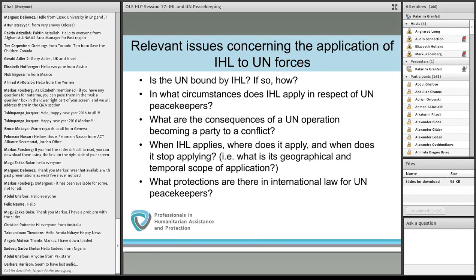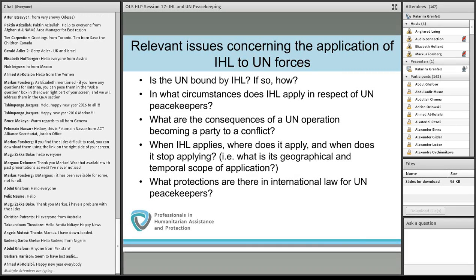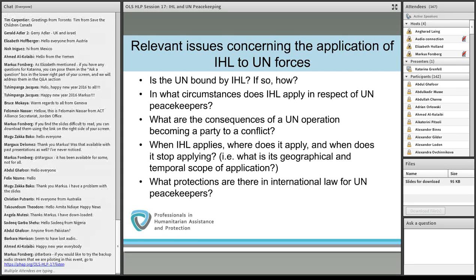I won't go into detail about it now, but in a nutshell, as I understand it, the ICRC support-based approach takes the position that when the UN provides support to government forces already involved in a pre-existing non-international armed conflict, whether it be in the form of logistical support, intelligence, or support in planning or coordinating the military operations of the state, where those actions contribute to the collective conduct of hostilities, the UN operation should also be considered a party to the pre-existing non-international armed conflict.